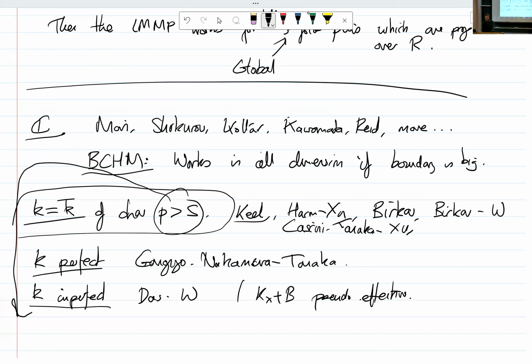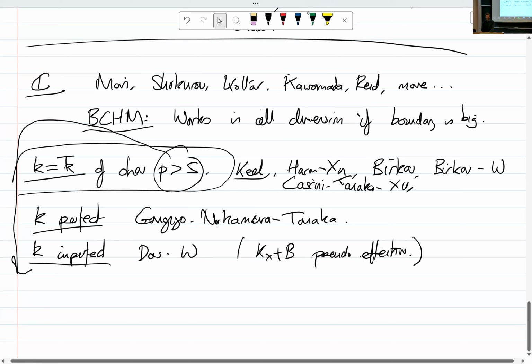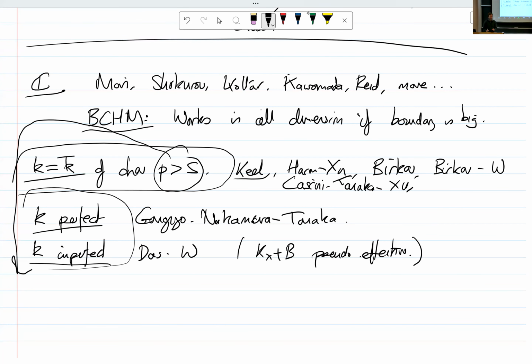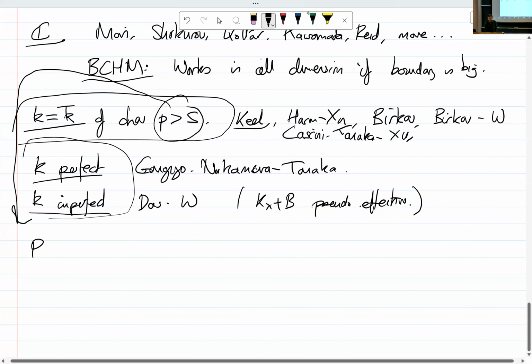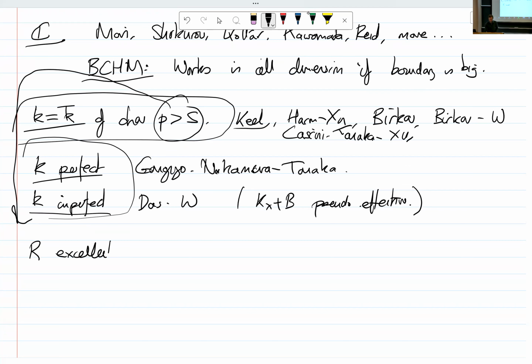Okay, so we didn't finish the Mori fiber space case, because there was something missing, which I'll get back to later. So this is all over a field. Then we have this arithmetic stuff. Okay, so the arithmetic situation, and dimension greater than 0.